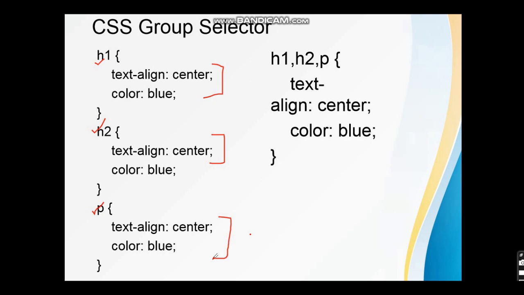So instead of writing these separately, we are grouping the elements. Here we have grouped H1, H2 and P and applied the style on them. So these are all the types of selectors. You can practice it by yourself when we see the example in the coming videos.